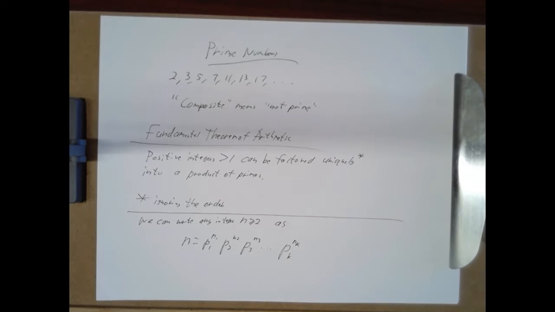And it's no different from just writing p1 n1 times, p2 n2 times, and so on. But we usually write it in terms of powers of primes because it's a little easier to manage. And the fundamental theorem is the statement that this factorization is essentially unique.